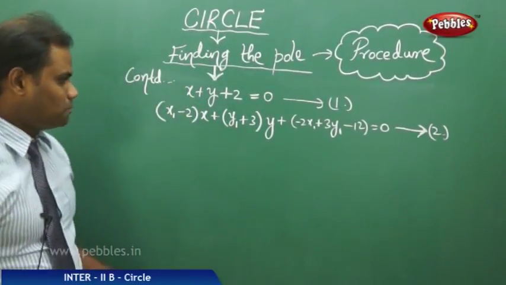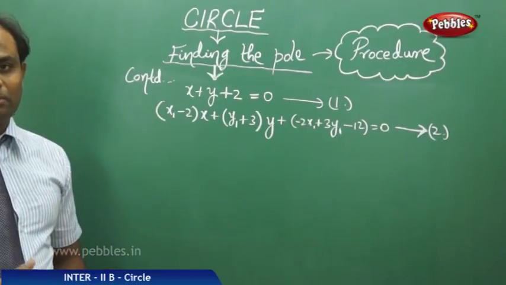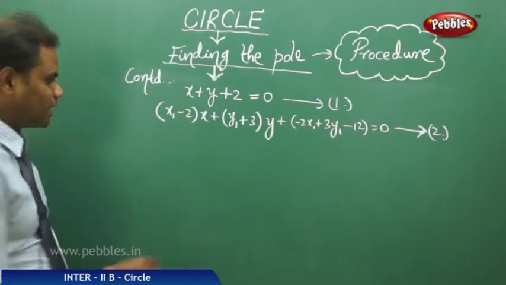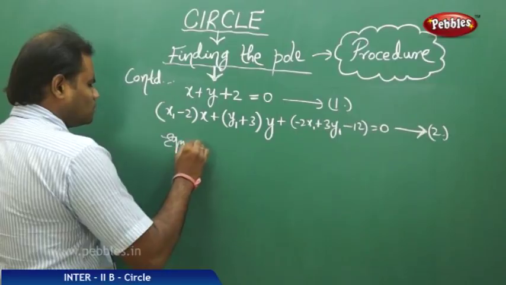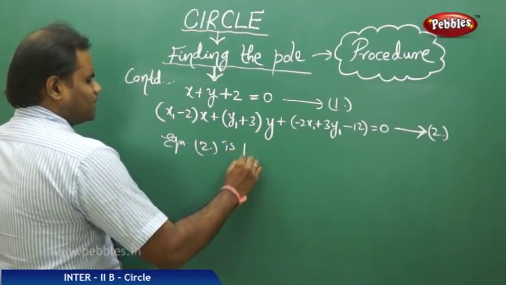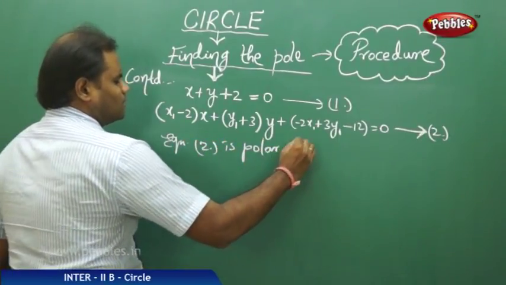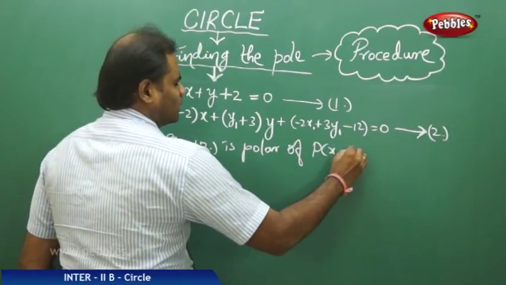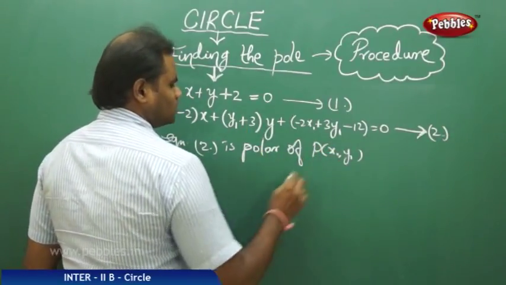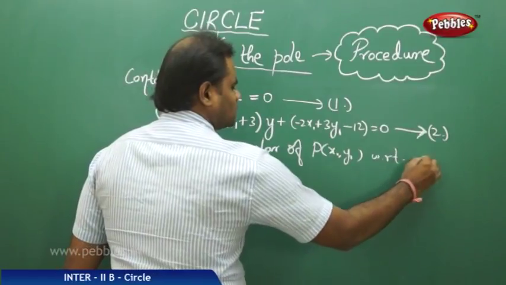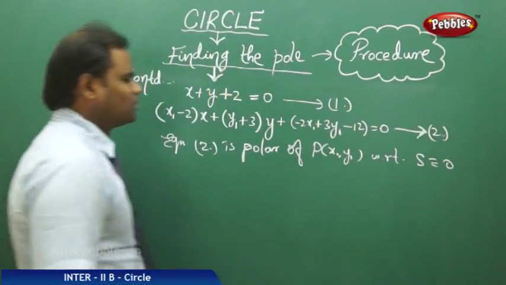Using this, I see that this is the polar through which I find x1, y1. Now that we have obtained this line using the pole P(x1, y1), I understand that equation 2 is the polar of P(x1, y1) with respect to the circle S equal to 0.